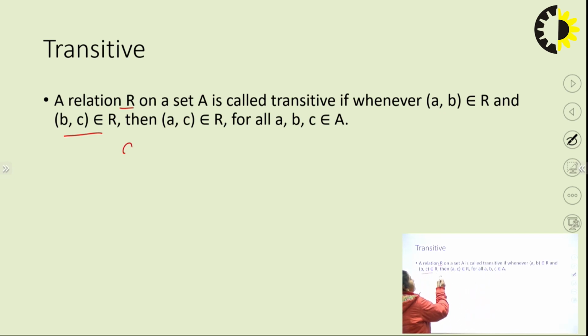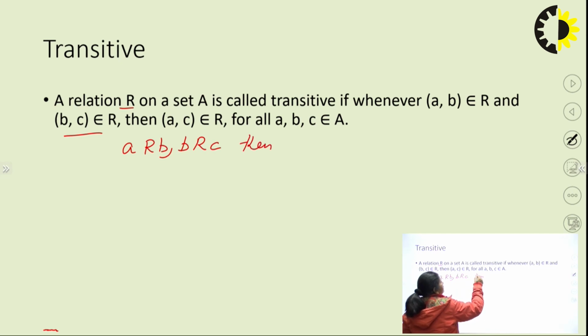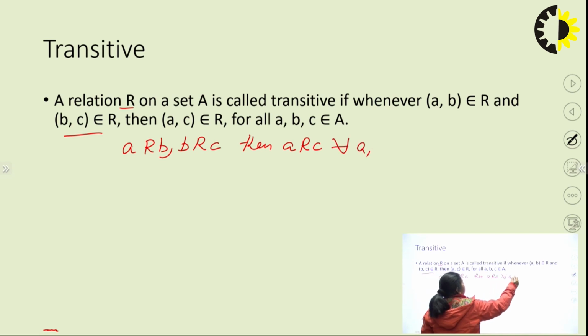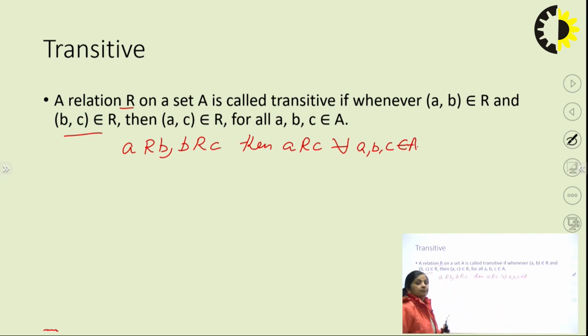It means if A is related to B and B is related to C, then A is also related to C. That is transitive: A is related to B, B is further related to C, then A will also be related to C. This is called the transitive property.